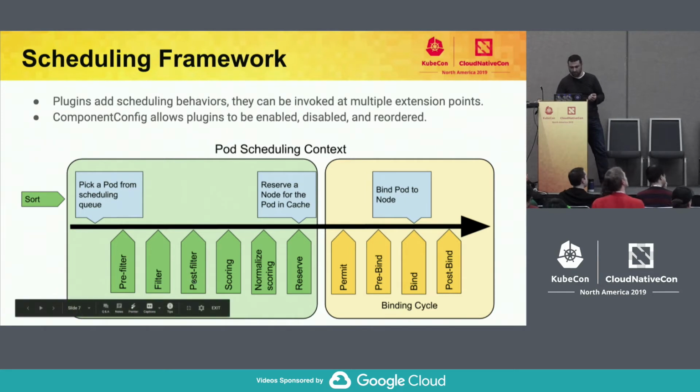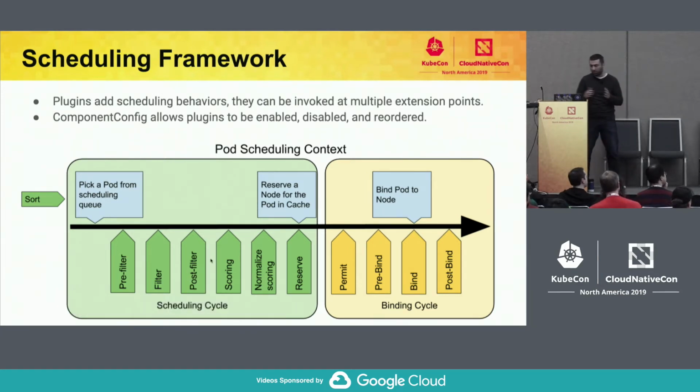The post-filter, we felt that we didn't really need the pre-scoring, so we called it just post-filter. You either want to release some resources that you allocated in the filter or pre-filter phase, or you can also do some sort of pre-scoring, some pre-computations before we try to score the nodes.